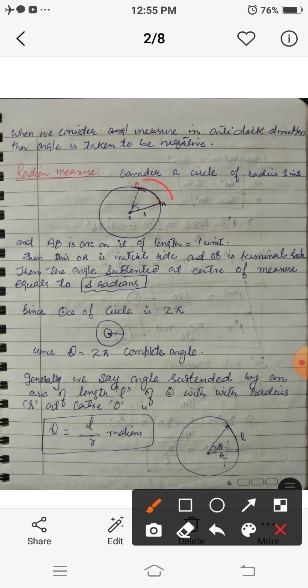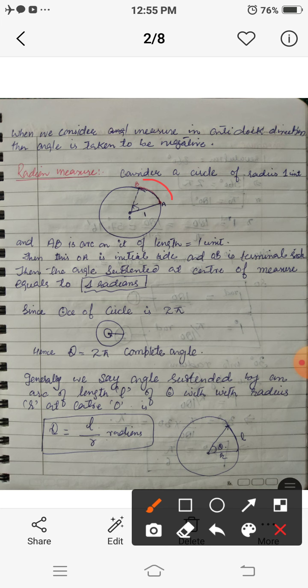If we consider a circle of radius r, then we consider an arc of length r units. Here we are considering the circle with radius equal to 1 unit, so the length of this arc equals 1 unit.